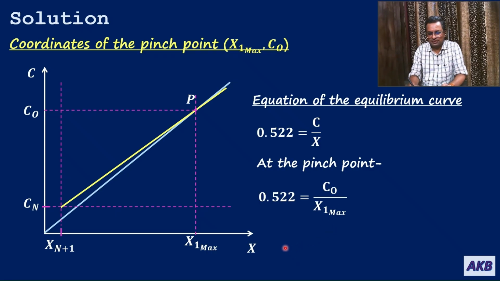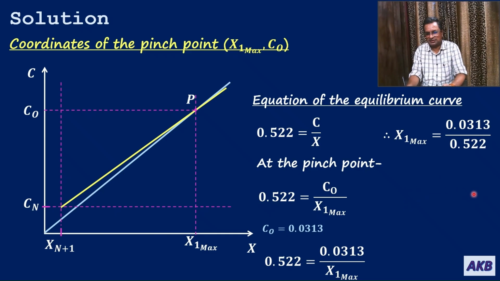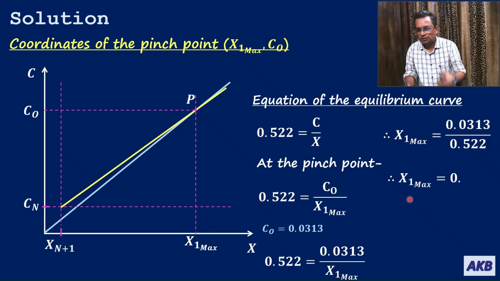C0 we have got, it is 0.0313. So 0.522 is equal to 0.0313 divided by X1 max. That is, X1 max is equal to 0.0313 divided by 0.522, which gives us X1 max as 0.06. So we got X1 max.